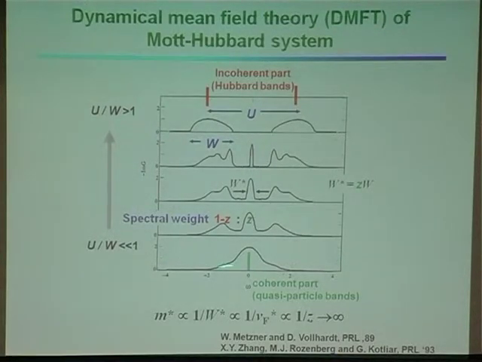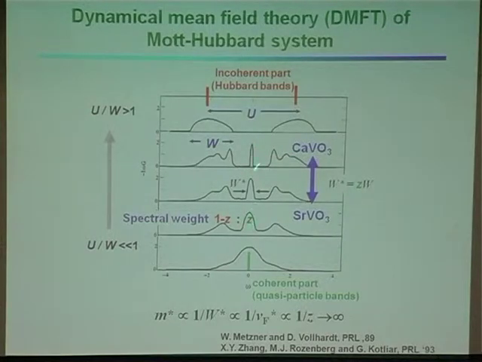So-called dynamical mean field theory can predict this behavior as a function of U over W. Strontium vanadate and calcium vanadate are probably located below the critical Mott transition, somewhere around here and here.